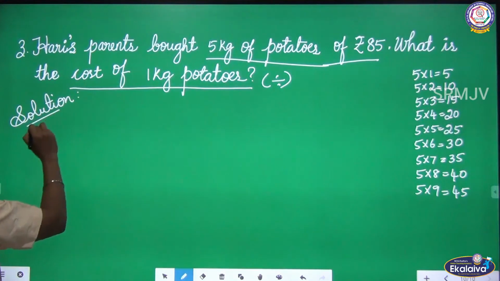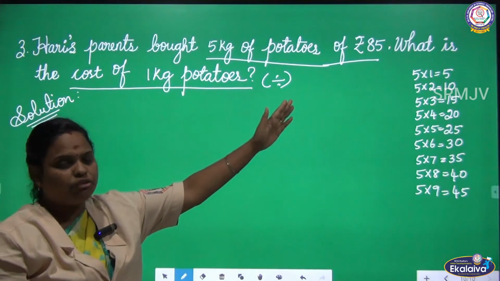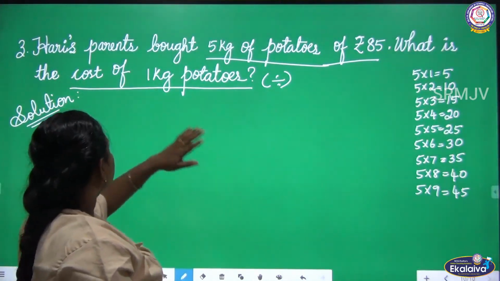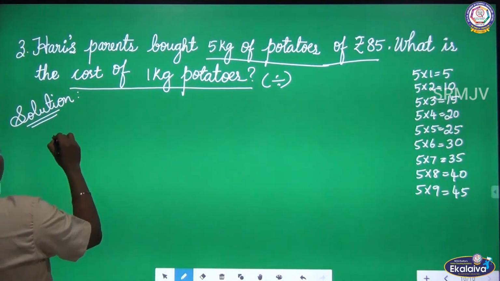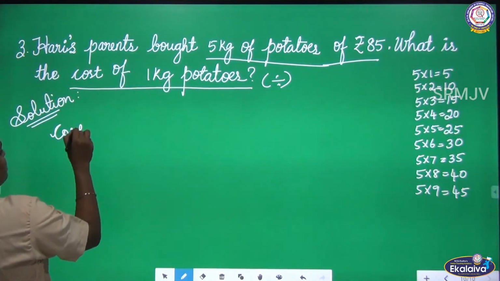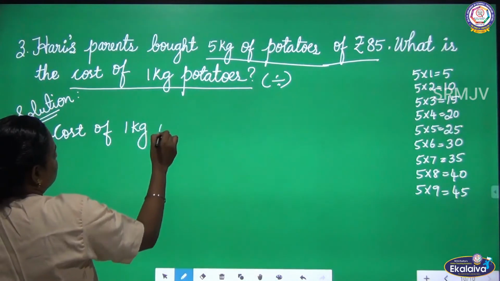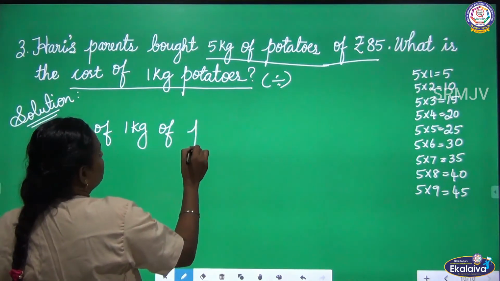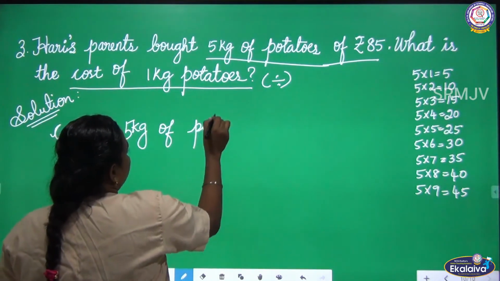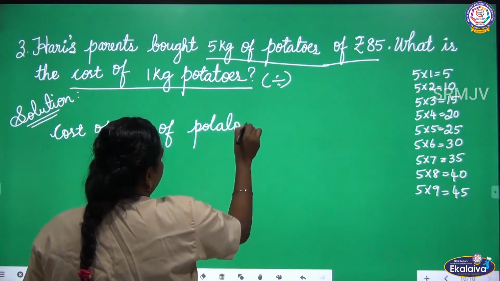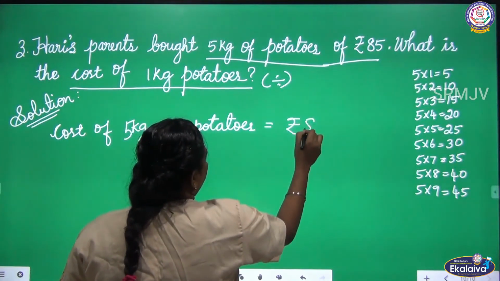First what they have given, children? You write cost of 5 kg of potatoes is rupees 85.